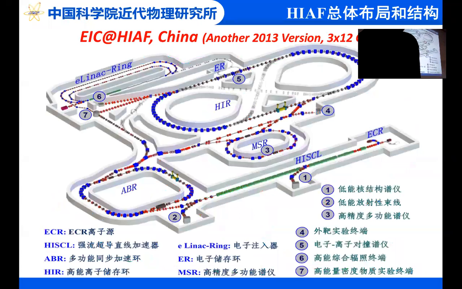And at the same time, in another version, also in 2013, there were many discussions. That's another version, trying to use a figure 8 to preserve the spins. Can I ask a question? Yes.